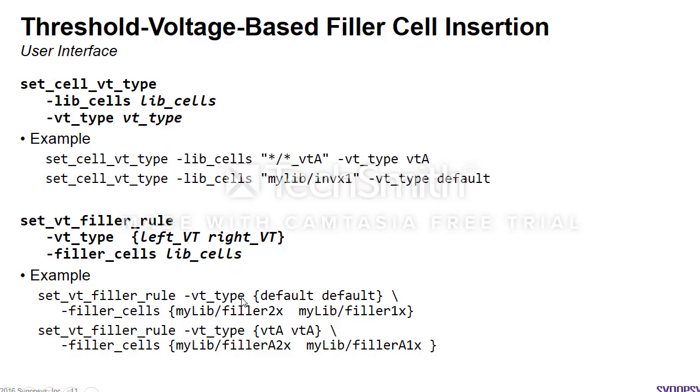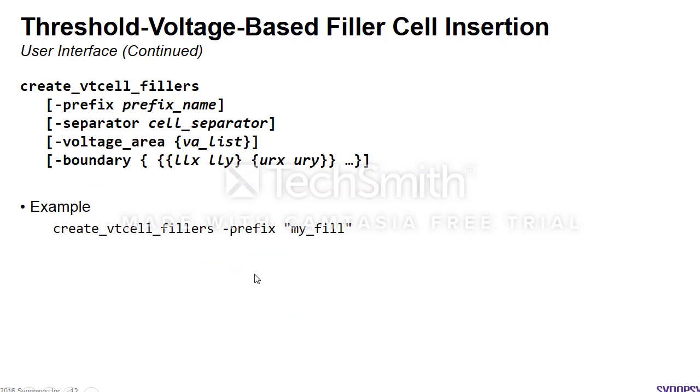This is an example. Later on, you can use create VT cell feeders. We have 4 options. You can specify only on which area, and you can also specify the boundary of the bus to create your VT feeders.